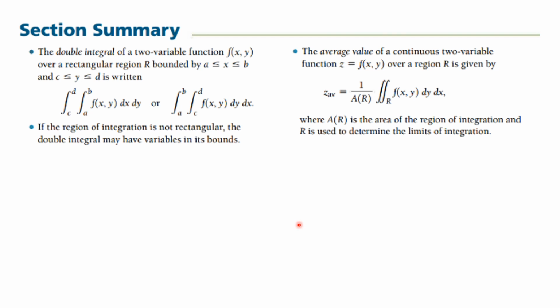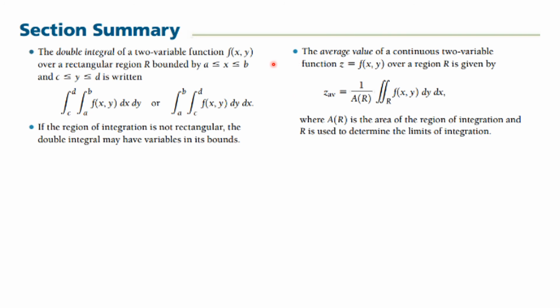To summarize this section then, the double integral is defined this way over a rectangular region, and we can switch the order of integration and we will get the same answer. That's when it's a rectangular region defined this way. If the region is not rectangular, the double integral may have variables in the bounds, and we talked about calculating those.